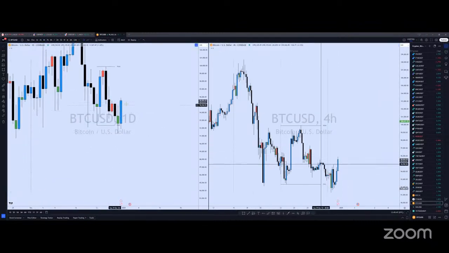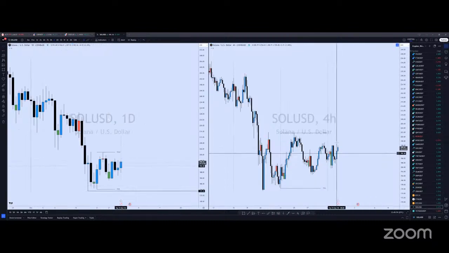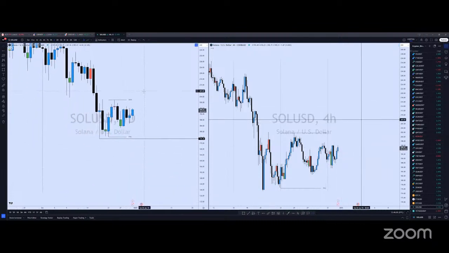Looking at Bitcoin, if we're able to close the way it's showing right now, then it might have potential to go up, which can show some willingness to push Solana up as well. But I personally would like to see them take out this low first. So maybe a sharp move to the downside to take out anybody that's long, and then we reject and go higher.